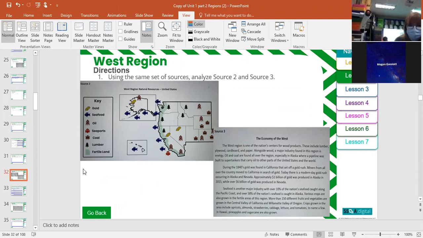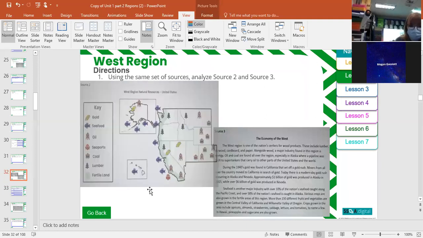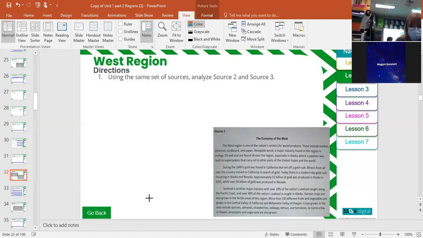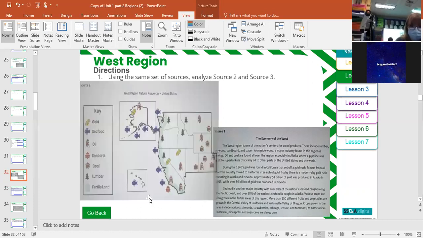Where do we talk about having really fertile land? Look in the map. I'll grow it for you guys so you can see it better. Well, we're in the West region, but now it disappeared. There we go.